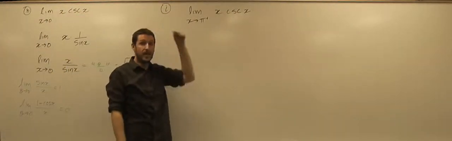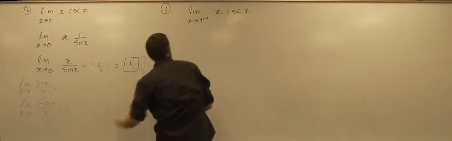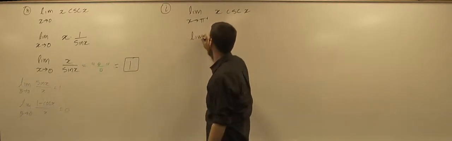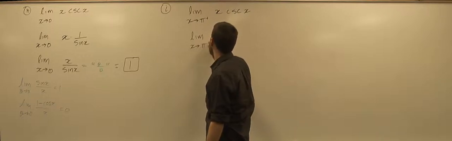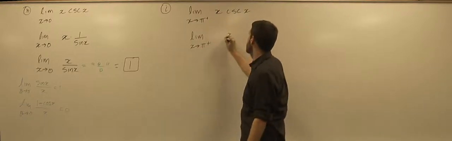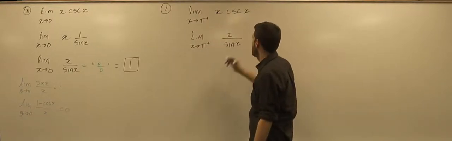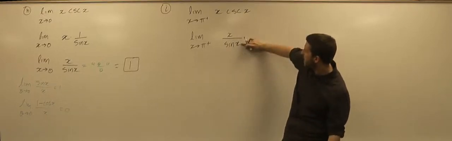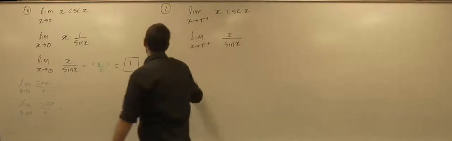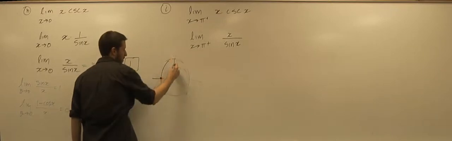So now, when I rewrite it in my fraction form, limit as x goes to pi from the positive of x over sine x. When you plug in pi to the sine function, you get 0, because pi is way over here.